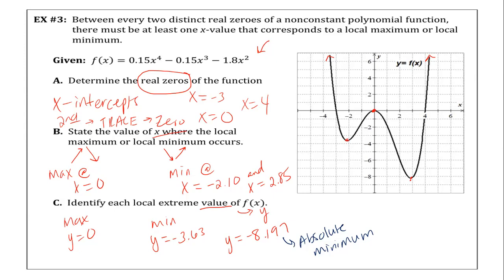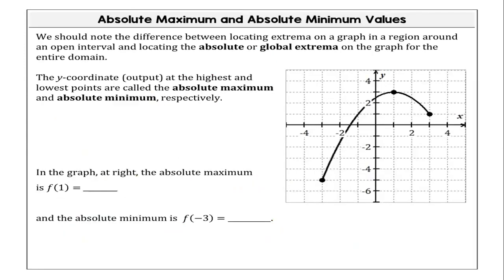Okay. This is generally what you're doing on your graphs that you have for by Friday. You need to be able to go through and analyze the attributes of the graph. Got it? Okay. The last thing we're going to talk about for this section is your max and min values, your absolutes.